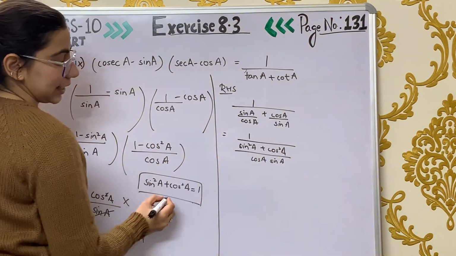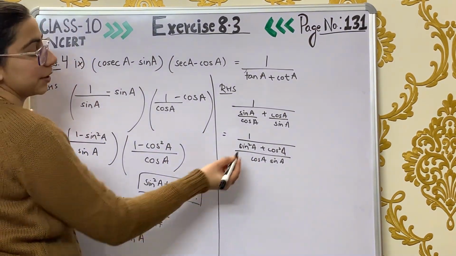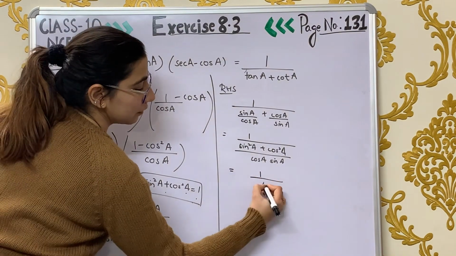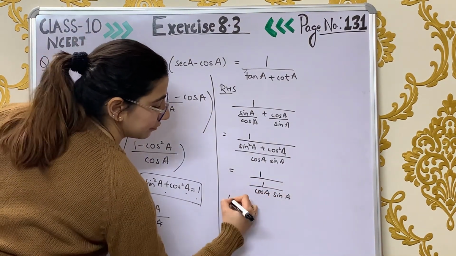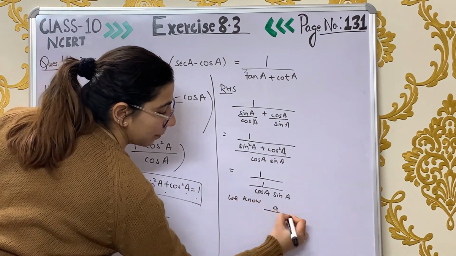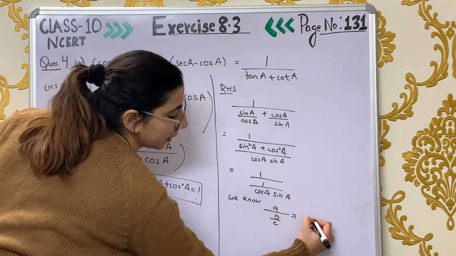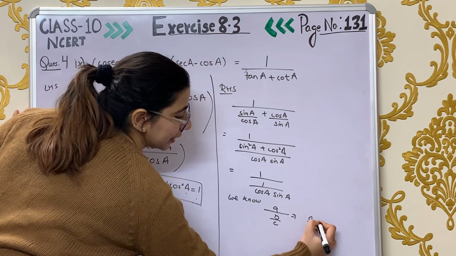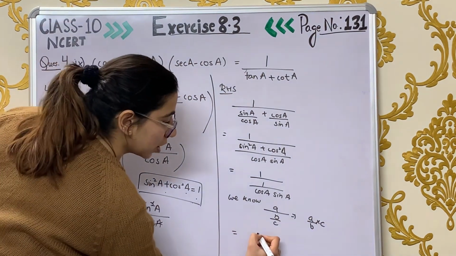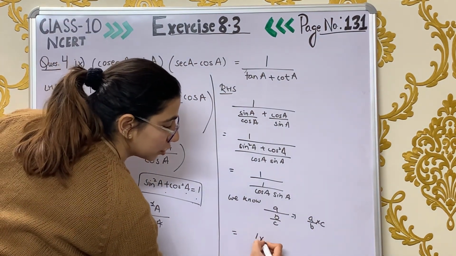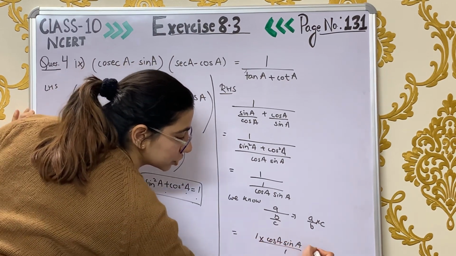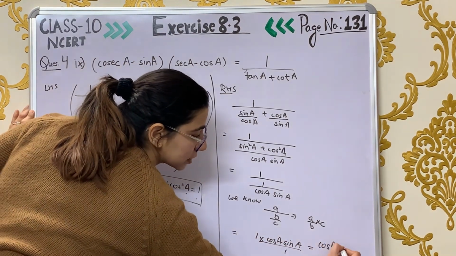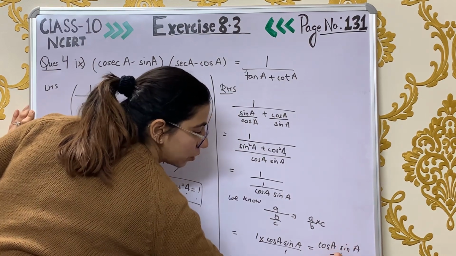And we know that sine square a plus cos square a is nothing but 1. So we can write 1 upon cos a into sine a. And we know a upon b by c is nothing but a by b into c. Here it becomes 1 into cos a sine a by 1, which is equal to cos a sine a, which is equal to LHS.